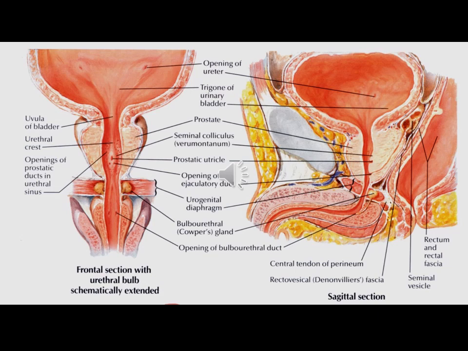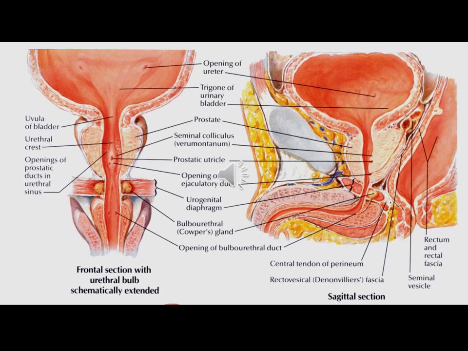To see the prostatic utricle, naturally because it is coming from the posterior surface of the urethra, we have to cut in a sagittal plane to show it. In the right diagram, we can see the prostatic urethra, and there is a small extension, that is the prostatic utricle.